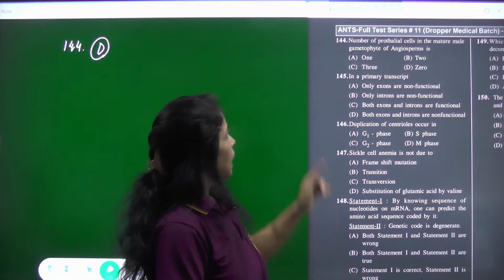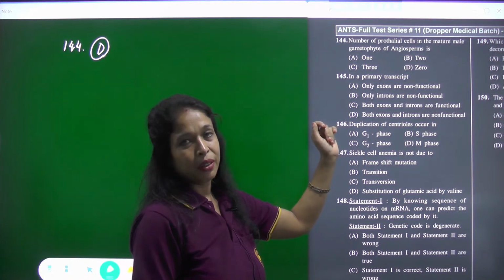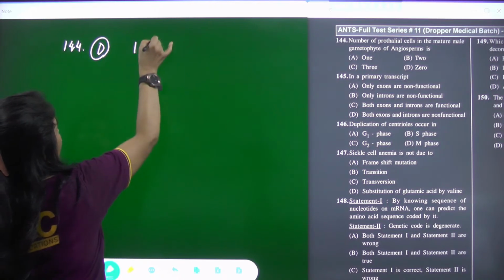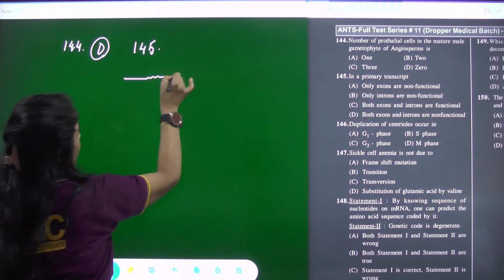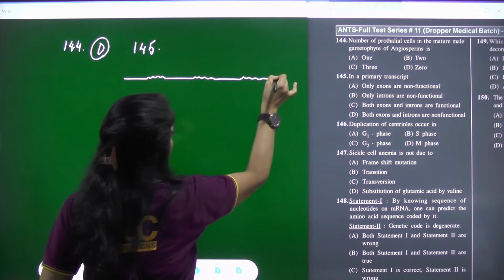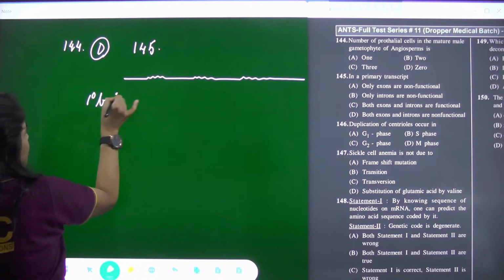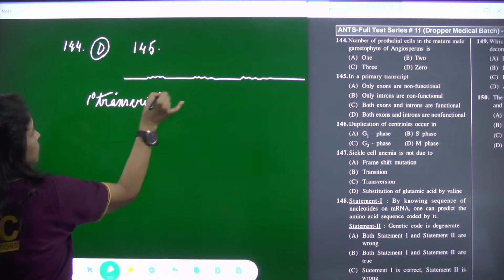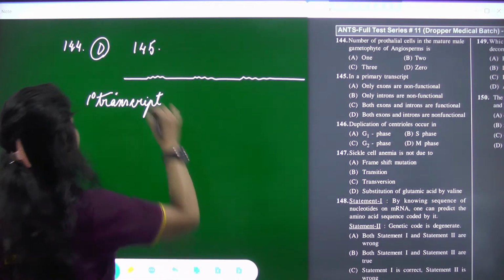Okay. Then, in a primary transcript, only exons are non-functional. Say this is the primary transcript, okay. So two components are there: coding sequences and non-coding sequences.